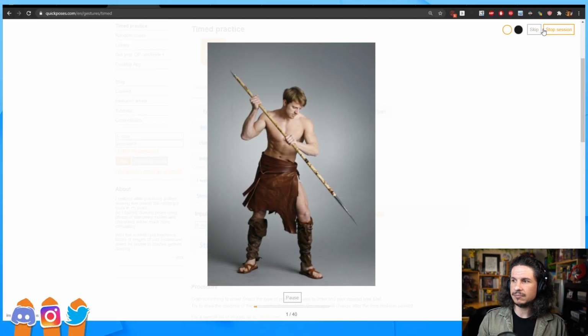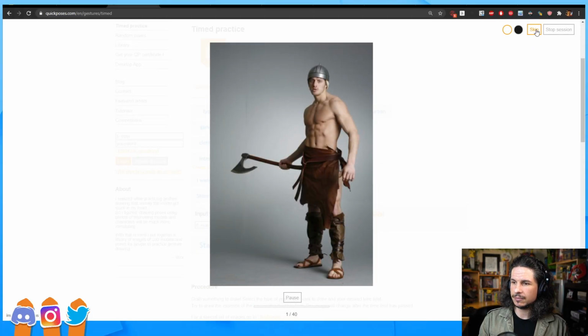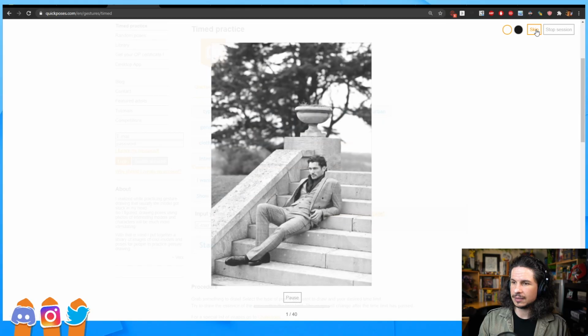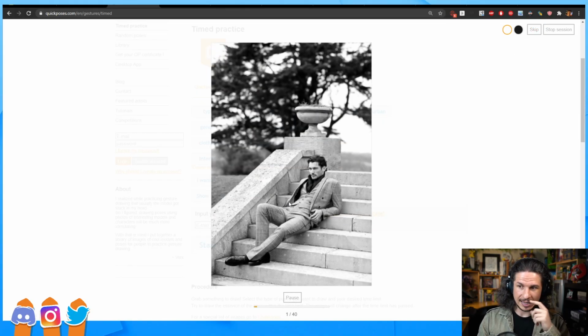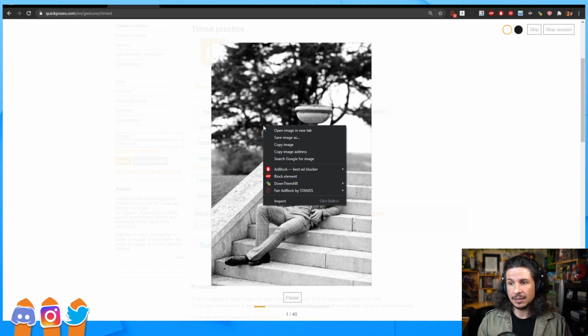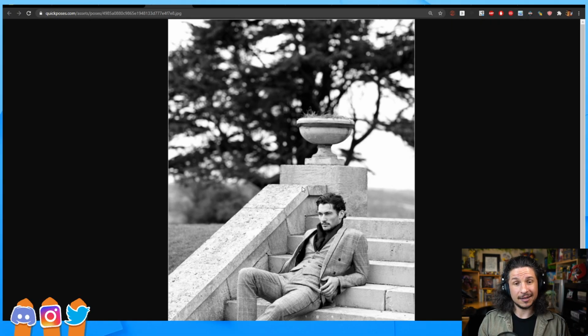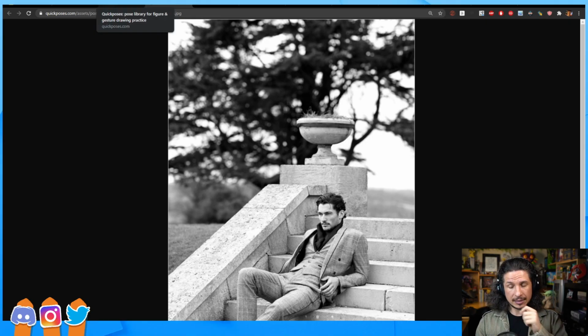So maybe we'll go, let's see. Okay, we'll go this one, this lounging guy. If I really want this pose and I want to start analyzing it, you can just right click and then open image in new tab, and it'll open the image in a new tab that you can then save and do some draw overs on it, which is very important.